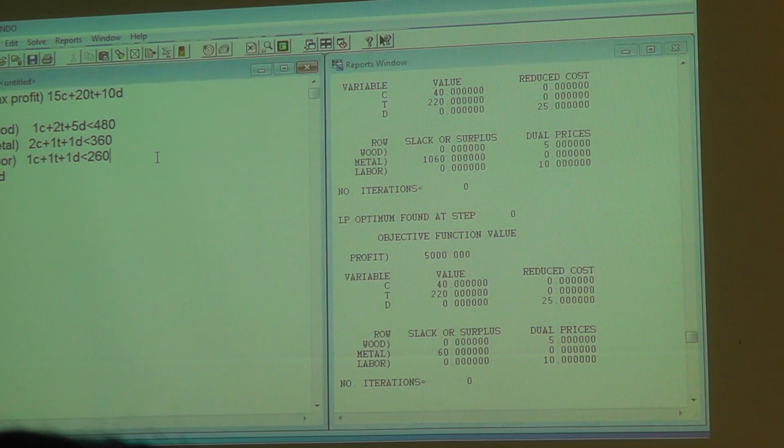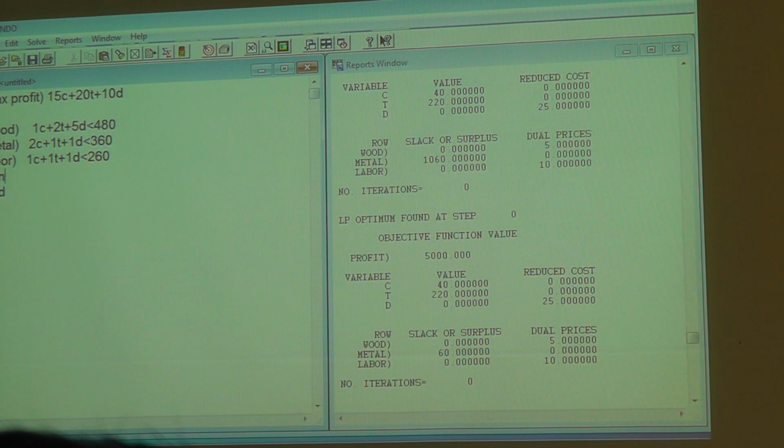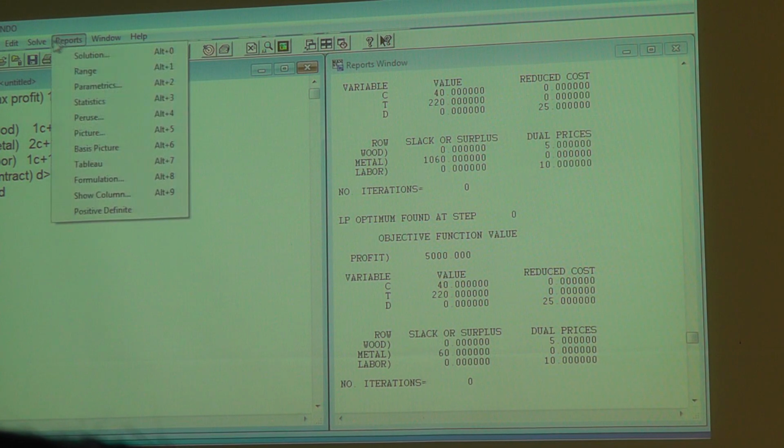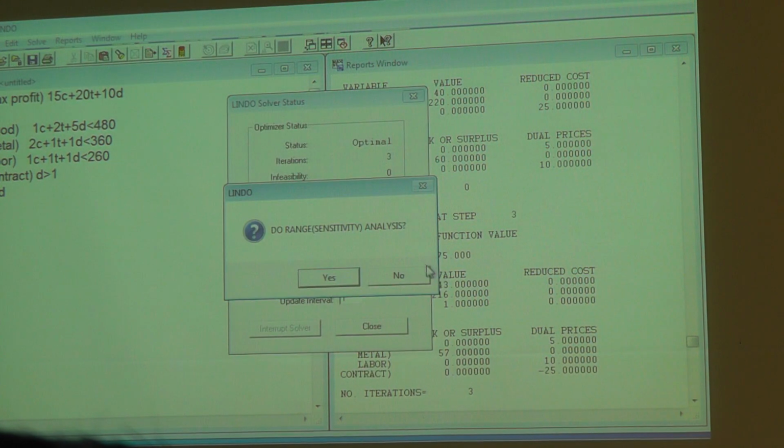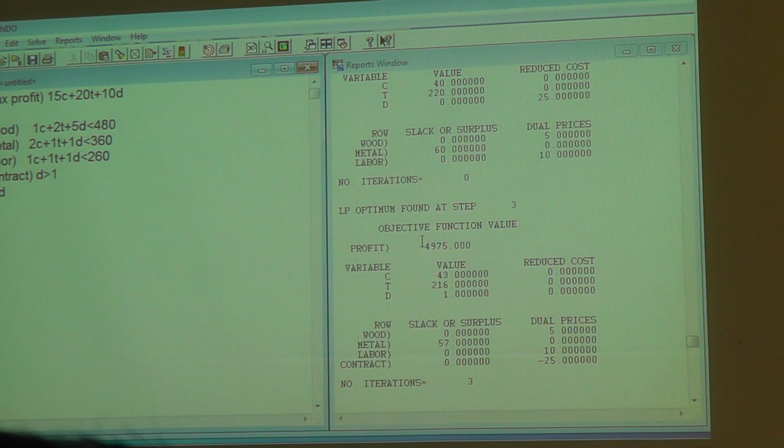If you want to add a contract on producing at least $1, like this, then you should expect that the profit will decrease by 25. That's the meaning of this reduced cost. Let's see whether it actually happens. Well, yes, the profit did decrease by 25, and you do produce exactly one door.